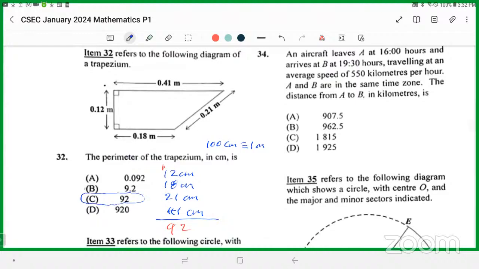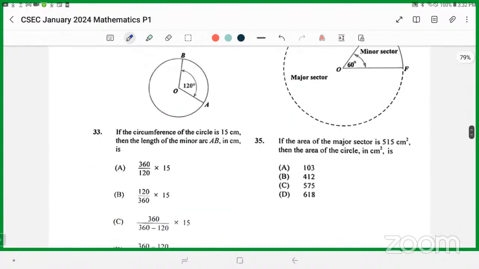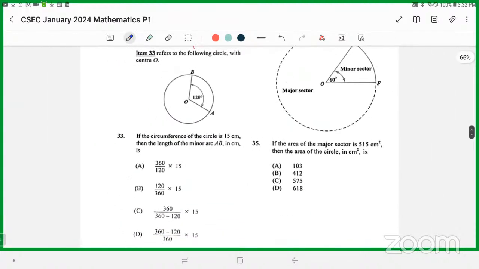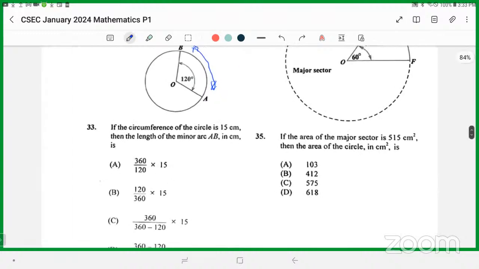Then we'll come to number 33. It gives us that diagram, a sector. It says the circumference is 15, that's the total distance around it. Then the length of the minor arc, which is here, obtained by the angle of 120, in centimeters, is a fraction of the circumference.